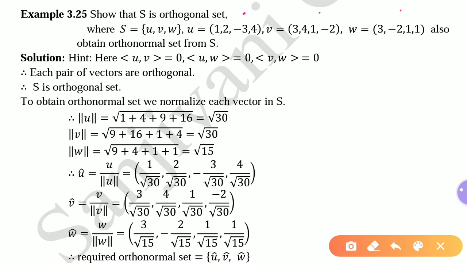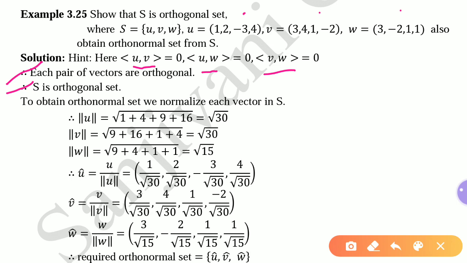For proving that the set is orthogonal, we consider every pair, u and v, u and w, v and w, and their inner product, meaning dot product, has to be equal to 0. You can clearly see that all three products equal 0. Hence each pair of vectors is orthogonal, and from the definition, S is an orthogonal set.